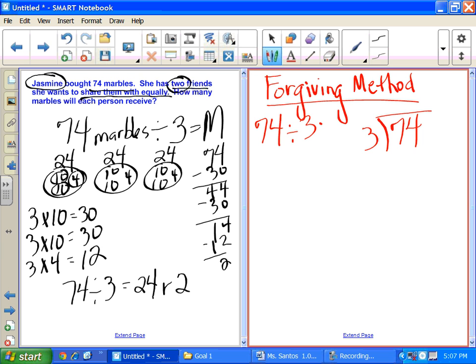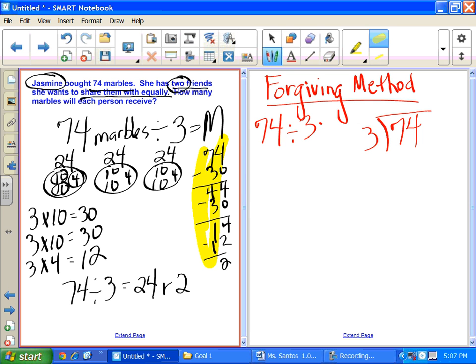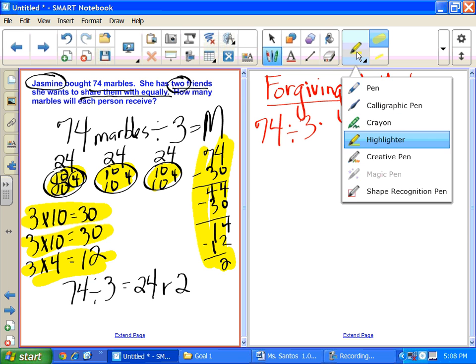Now, the reason we're doing this is this little bracket is going to help us keep everything nice and neat in one little place so that we can easily keep track without it having to be all over the place, like over here where we did all the subtraction, we got a multiplication sentence over here, we've got a picture here, so we've got a lot going on.